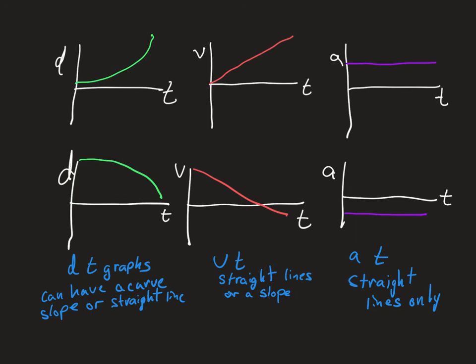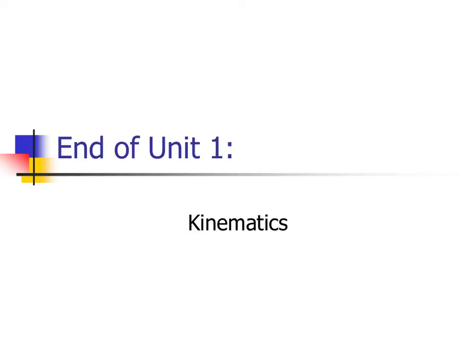It will just be on the zero. If the distance time graph has a straight line, the velocity time graph will also have a straight line, and the acceleration time graph will have a straight line. And there's the end of our Unit 1 kinematics.